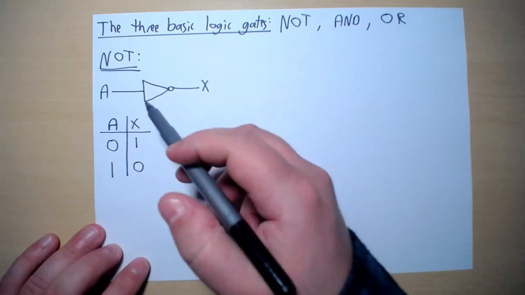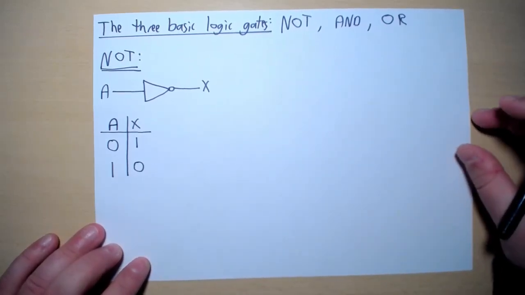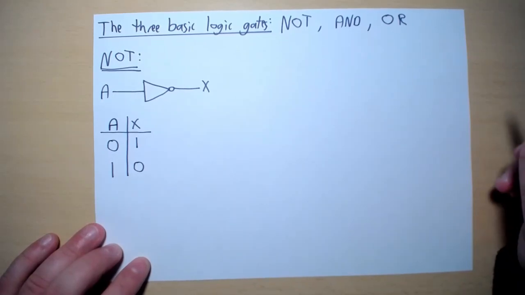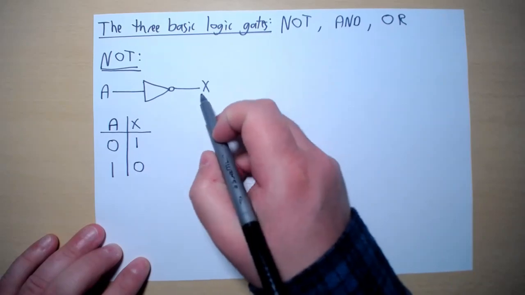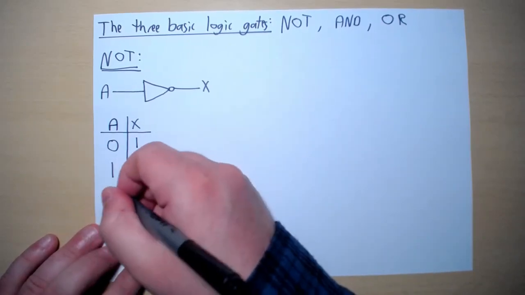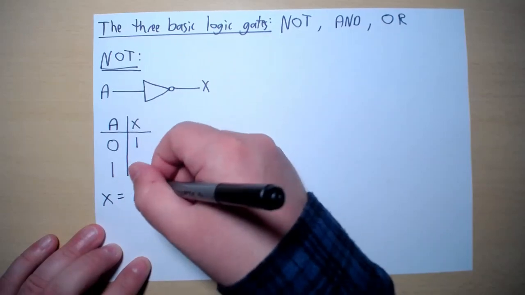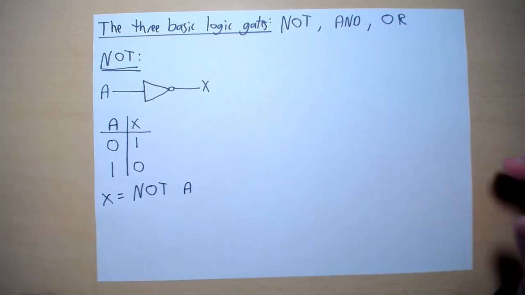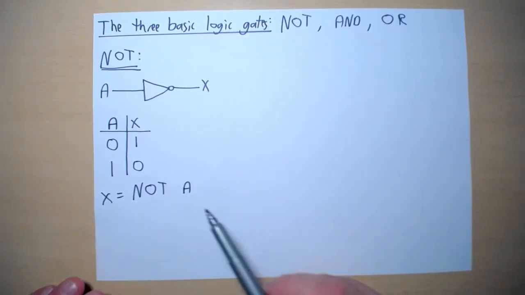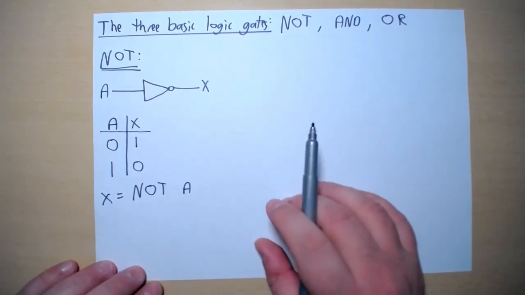In order to write or represent a NOT gate with Boolean algebra, we can either use the name of the gate itself, so we always start from the output, X equals, and we write down the name of the gate, in this case, NOT followed by the input, so X equals NOT A. However, this method is not very practical when you are working with Boolean expressions.